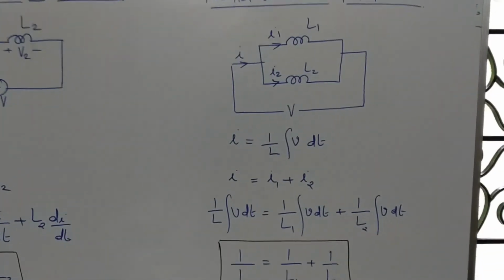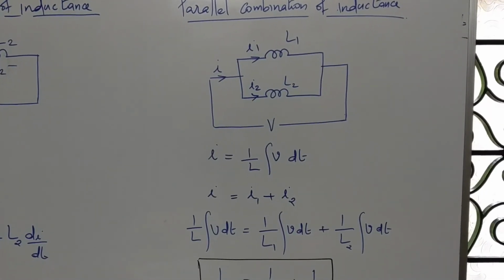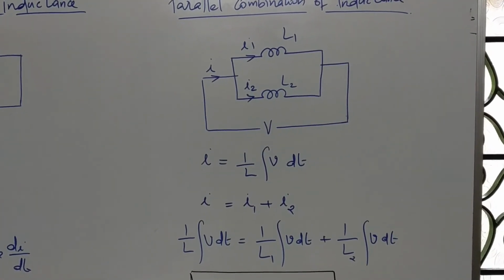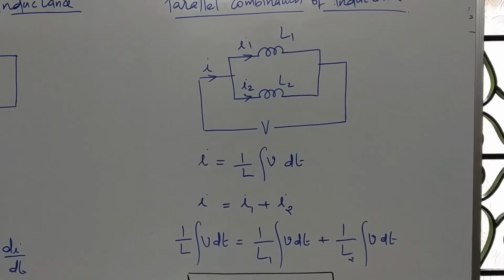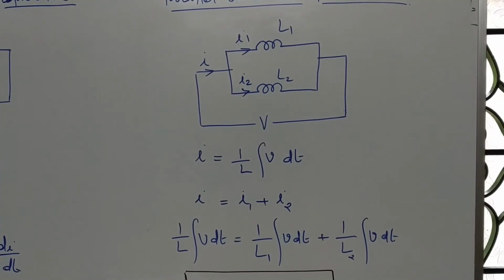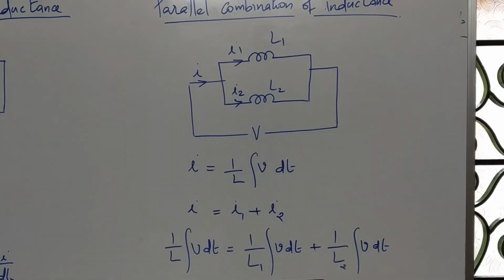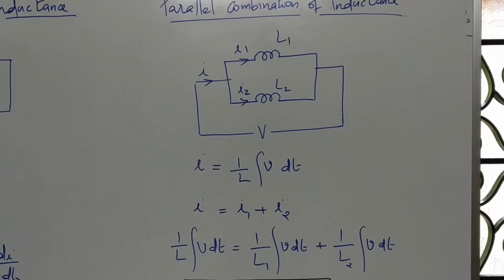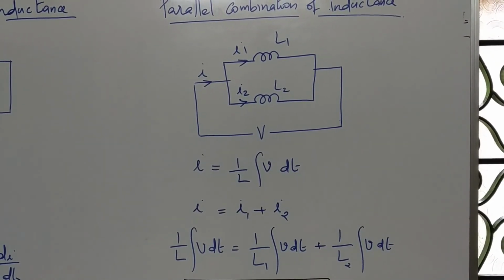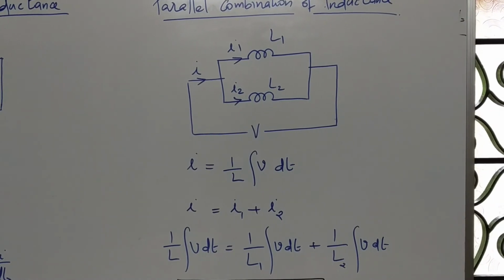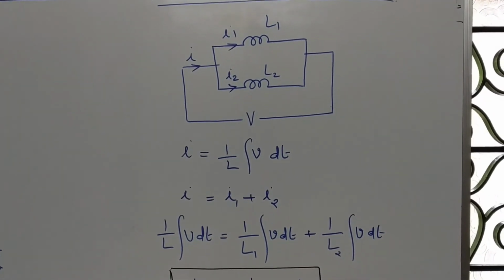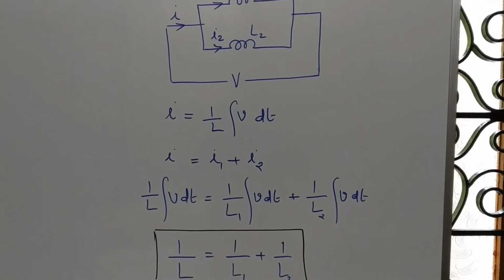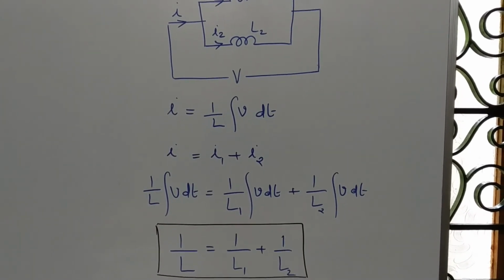Next is parallel combination of inductance. Here you can see two inductances connected in parallel. L1 and L2 are connected in parallel, and a voltage V is applied across it. Since it's a parallel combination, current gets divided between the two branches. So I will be equal to I1 plus I2. We have already learned that current flowing through an inductor is 1 by L integral V dt.